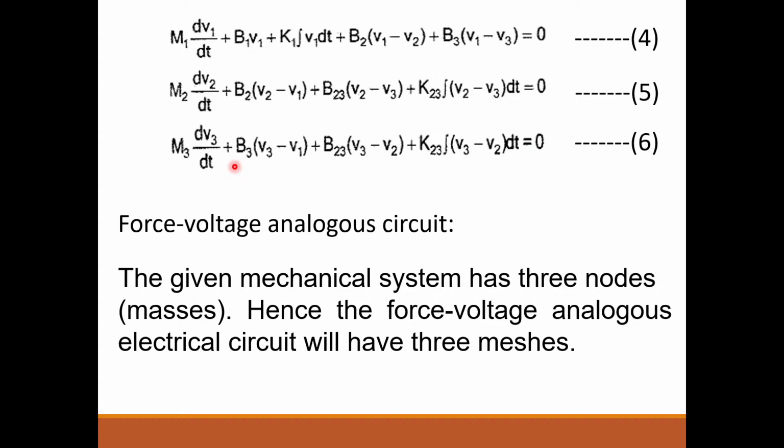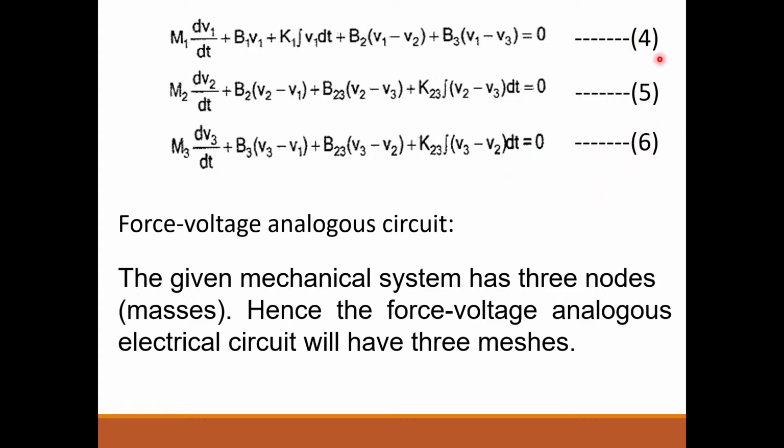You will get equation 6 from equation 3. So m3 dv3 by dt plus b3 into v3 minus v1 plus b23 into v3 minus v2 plus k23 integral of v3 minus v2 dt is equal to 0. So this is our equation 6.